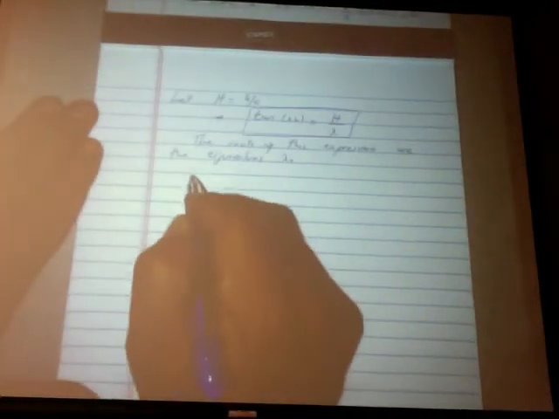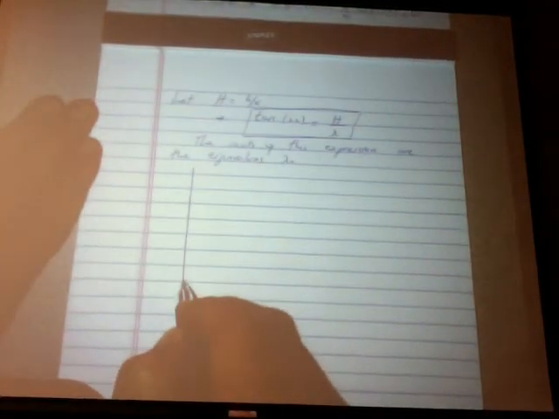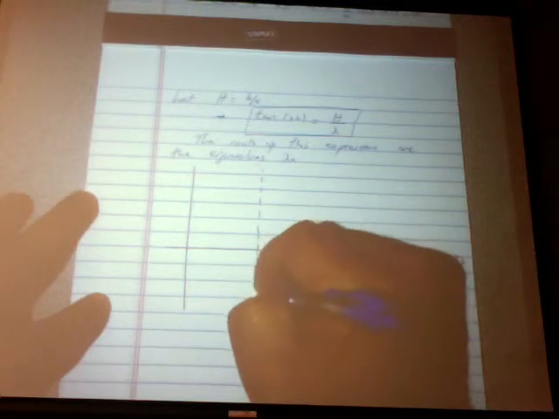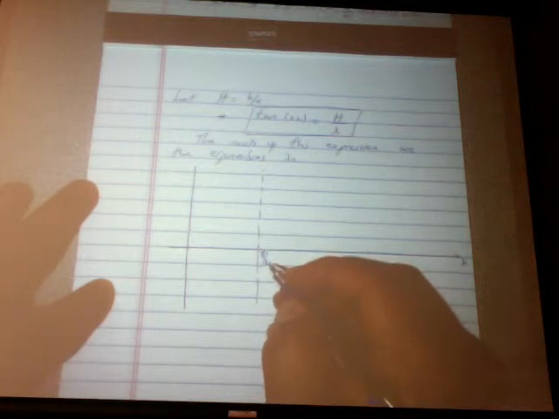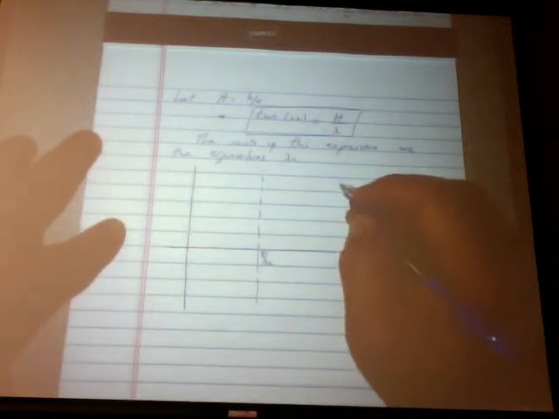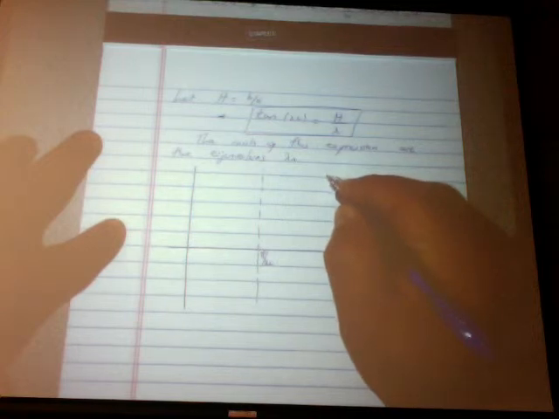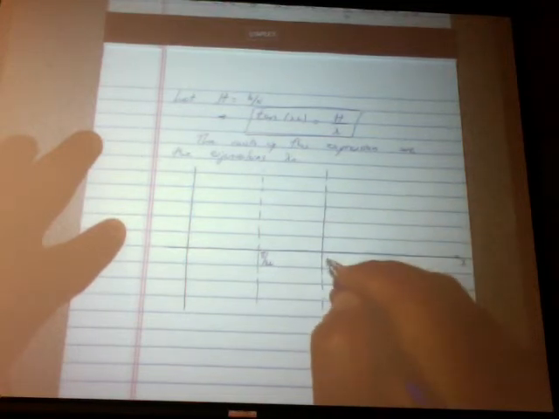Okay? So, if we plot this, lambda, how does the tangent of lambda L look like? So we have pi over 2L.